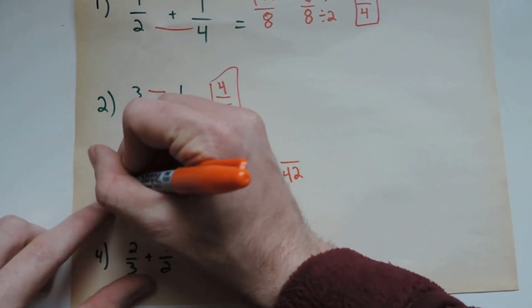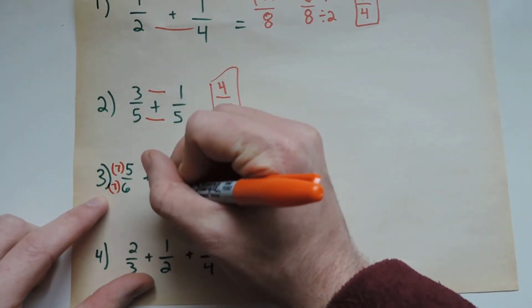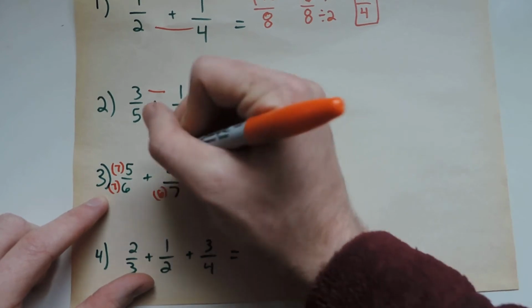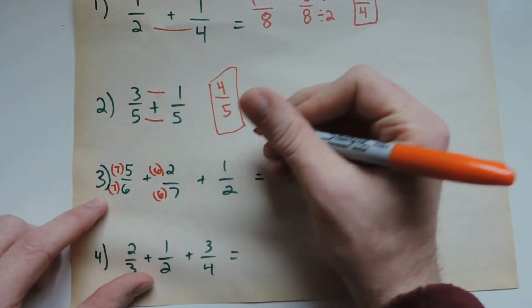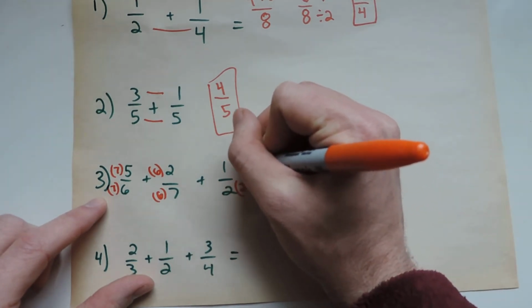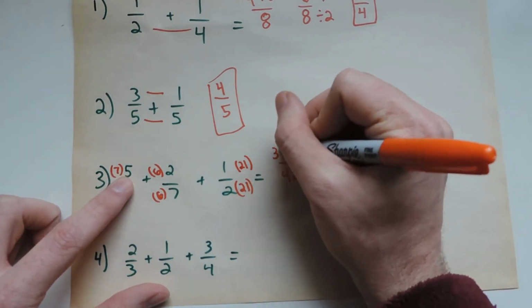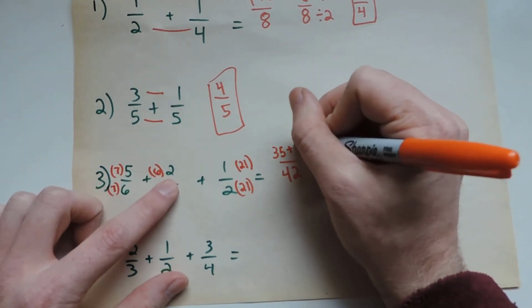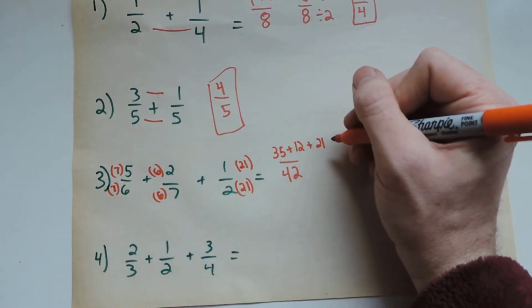But how do we get to 42? So we do 7 times 6 here, and of course we have to do it to the top. And then here we do 6 times 7, do that to the top. And then here we got 21 and 21. So now it's going to be 7 times 5 is 35, plus 6 times 2 is 12, plus 1 times 21 is 21.